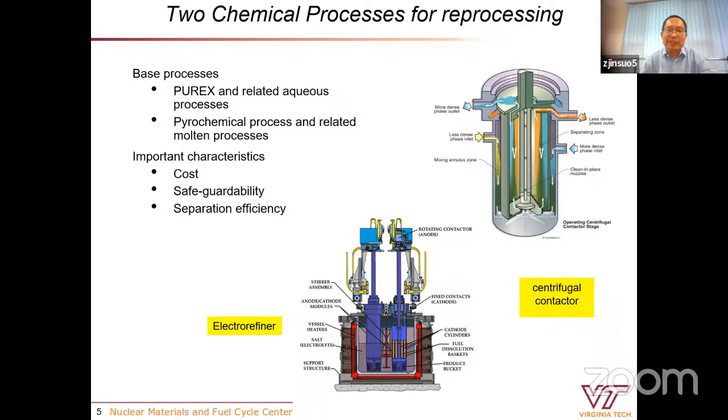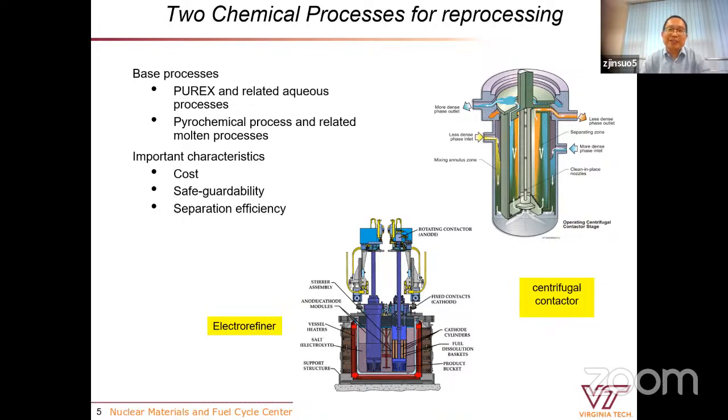One is the key component for PUREX, that is the centrifugal contactor, and the other is the key component for the chemical process using molten salt, that's the electrorefiner. From these two pictures, you may think these two facilities may be similar in size.